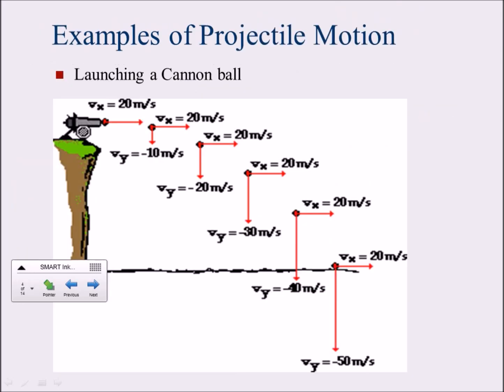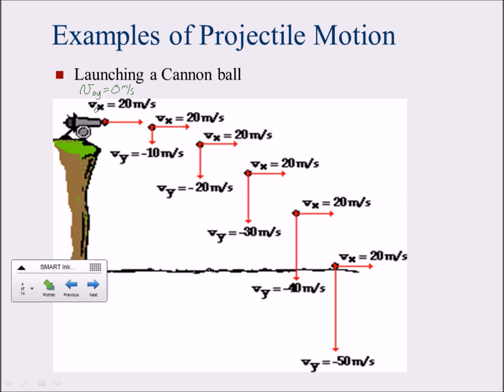And so this picture shows a cannon launching a cannonball off the top of a very tall cliff. And this cannon is firing the ball horizontally at 20 meters per second. Its initial velocity, v0x, is 20 meters per second. Because it's not moving at all in the y direction, the y component of its initial velocity is 0.